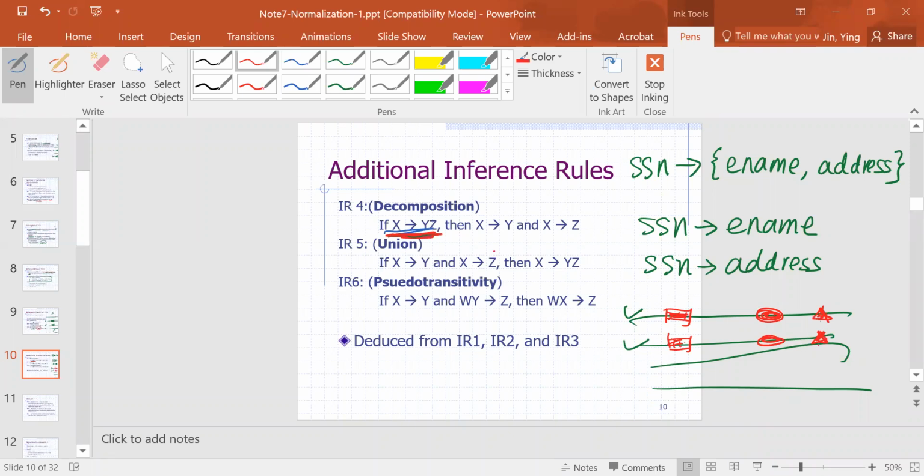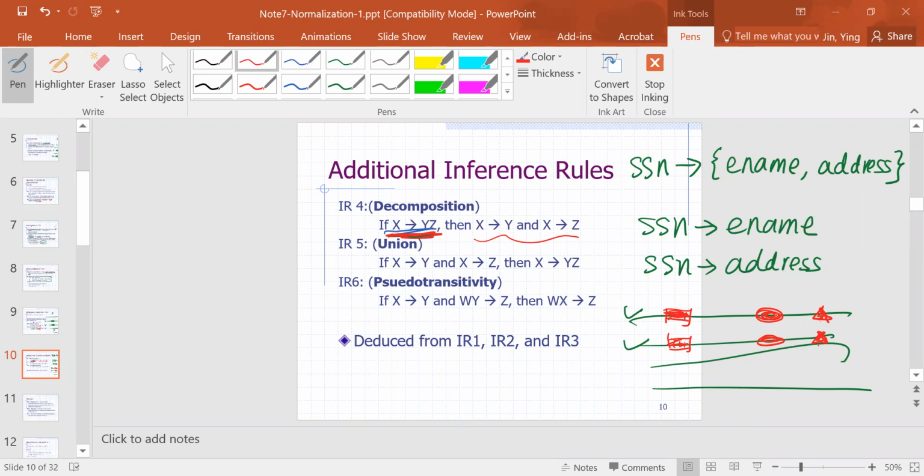And then when we go to this part, if we know this is true, using this inference rule we know this is true, and this is true. So if we have this functional dependency, we also have this functional dependency and this functional dependency. And you see, whenever they are the same, then name must be the same.